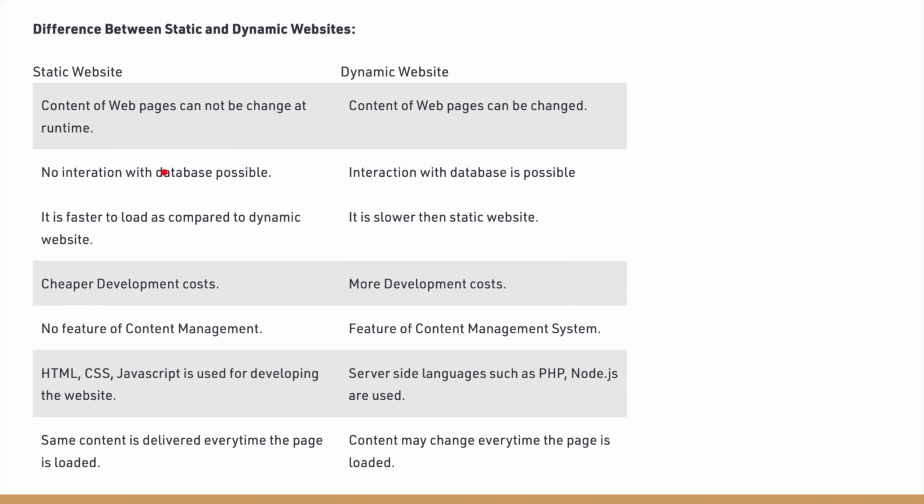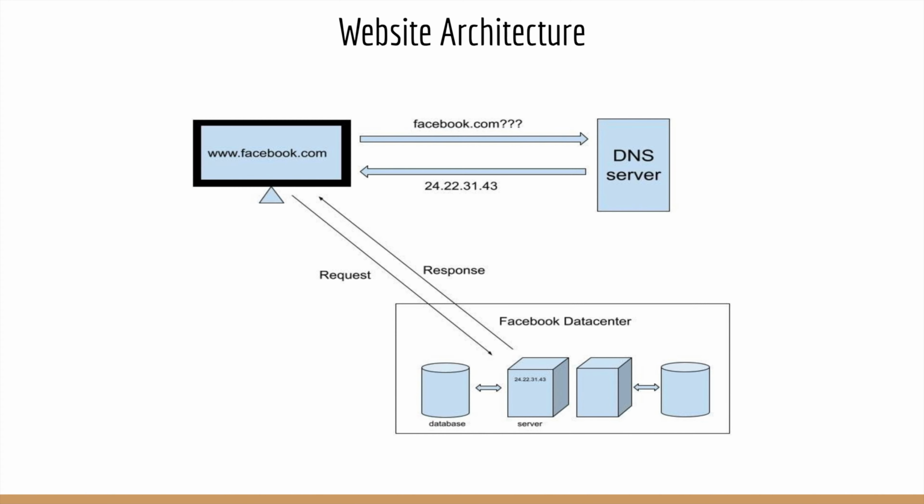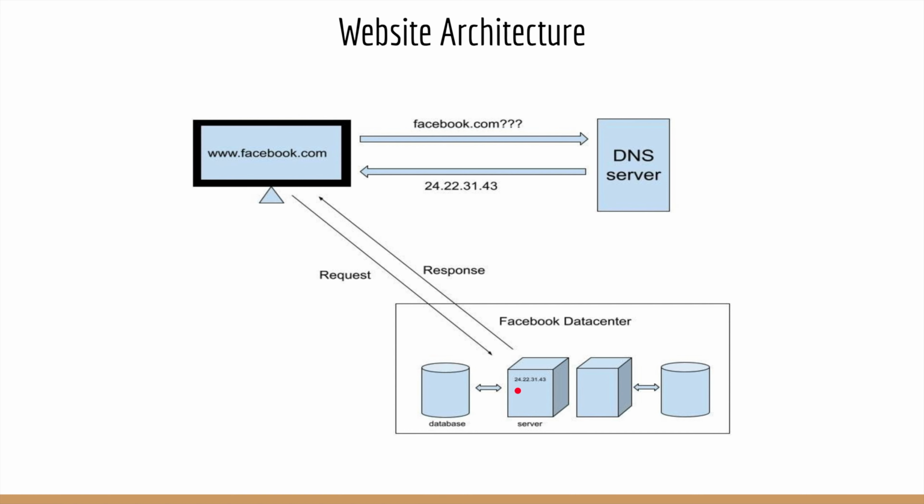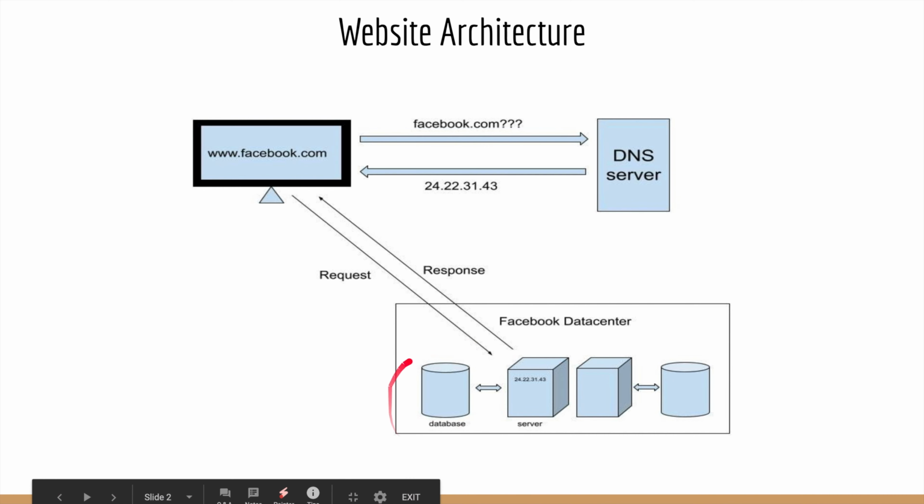So these say no interaction with the database is possible. What does that mean? Coming back to the picture we showed first, there is a database and the server. Let us take the example of Facebook. Whatever information we store in Facebook, the friends we got, the posts we made, all the persistent data, should be stored in the database.